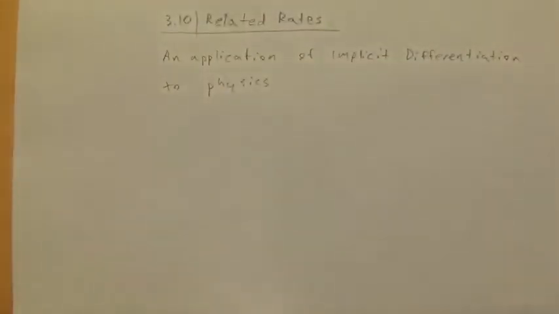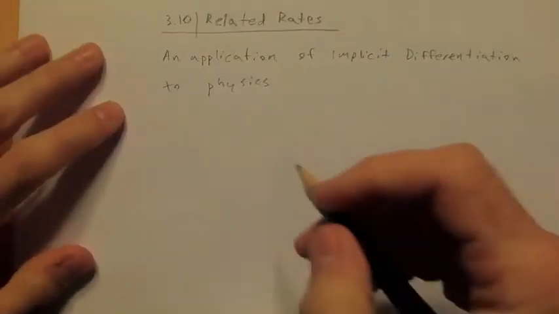The idea basically boils down to the fact that if you have two quantities that are related to one another, then their rates of change should also be related. Right?